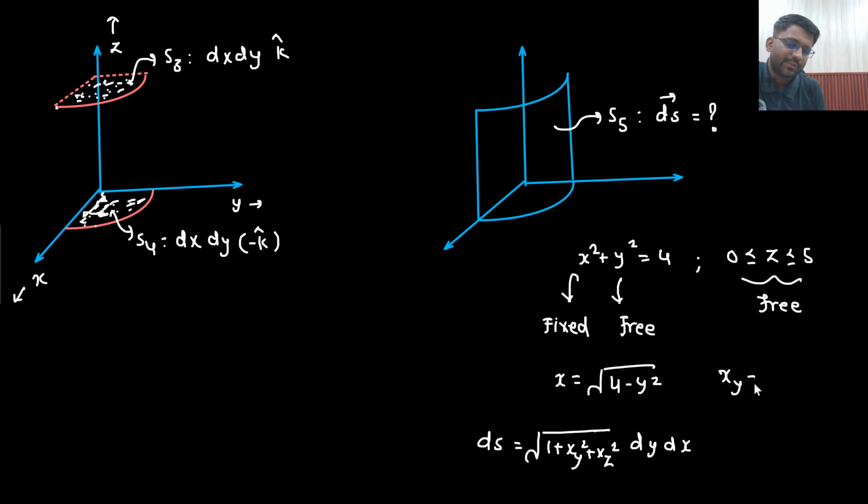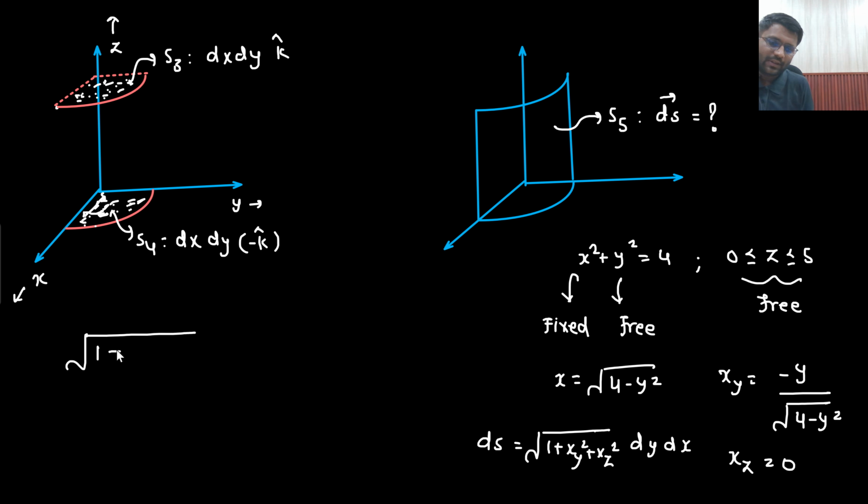Partial differentiation of x with respect to y: the answer comes out to be minus y upon under root 4 minus y square, since it is 1 by 2 under root 4 minus y square times minus 2y. And x_z, the partial of x with respect to z, would be 0 only. So 1 plus y square upon 4 minus y square plus 0, dy dz, gives ds.